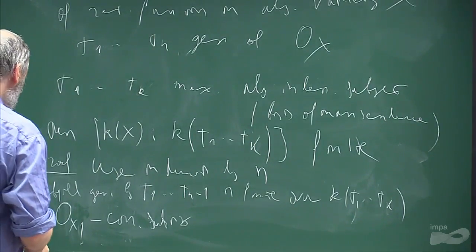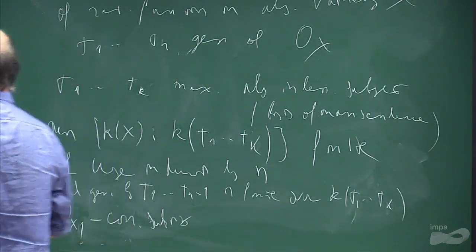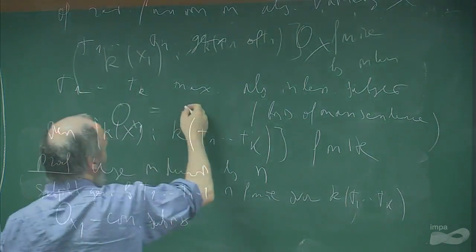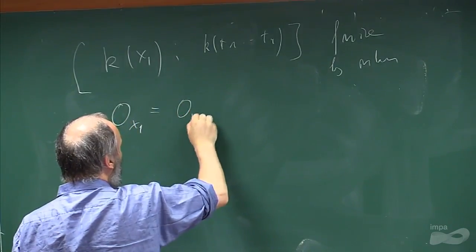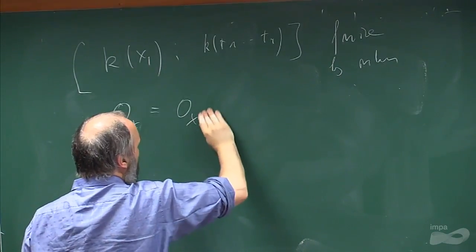Okay, and then you have k of x1. This is algebraic over k of t1 dot tk. This is finite, by induction. But then O of X1 is obtained by adding to it, O of x is obtained from O of X1 by adding Tn.